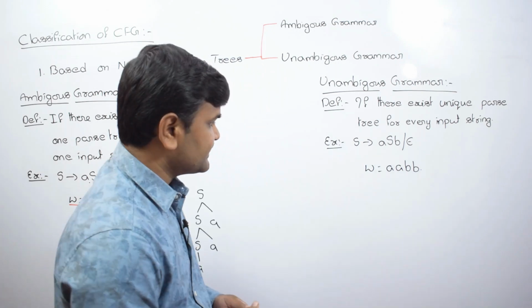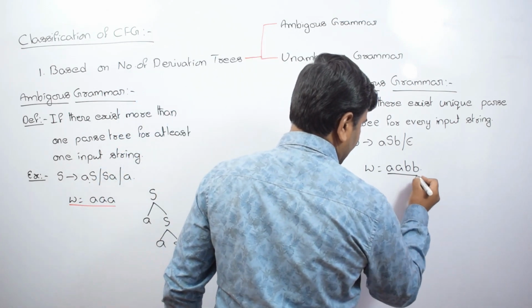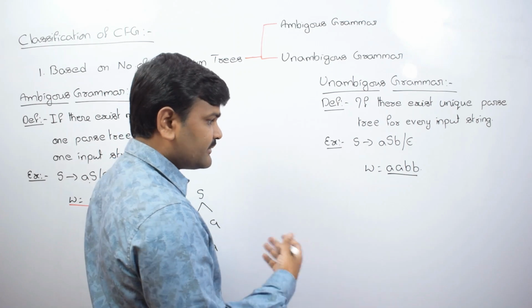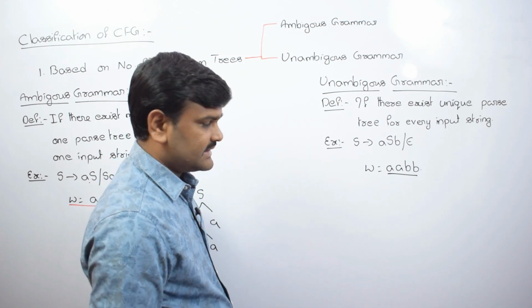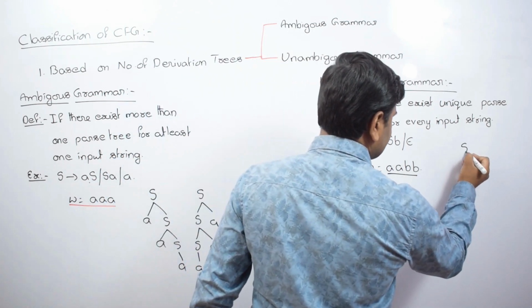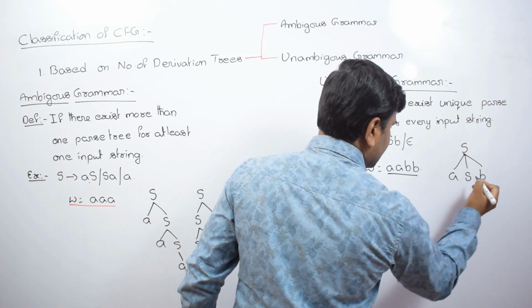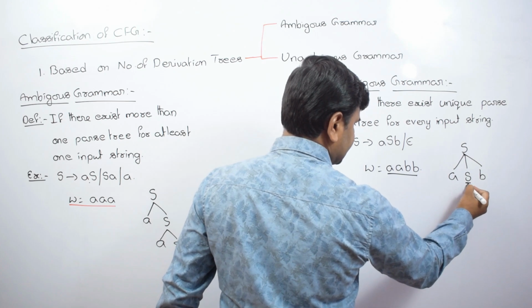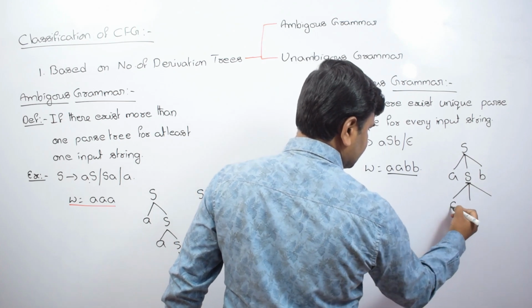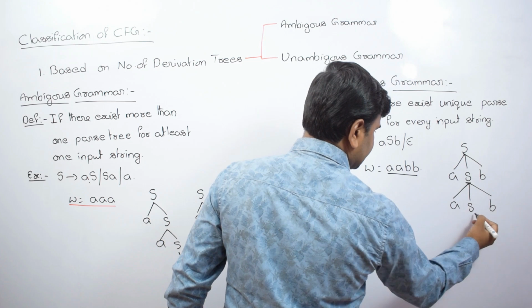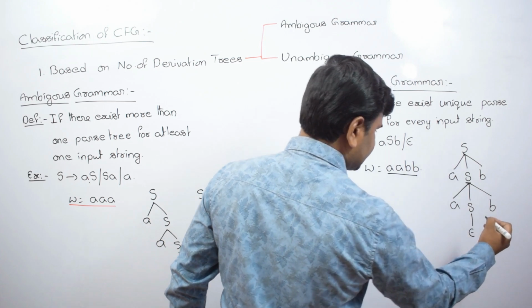For example, take this string you have to generate, and let us see whether more than one parse tree is possible. S derives ASB, and again this non-terminal S derives ASB, and this S we take as epsilon.